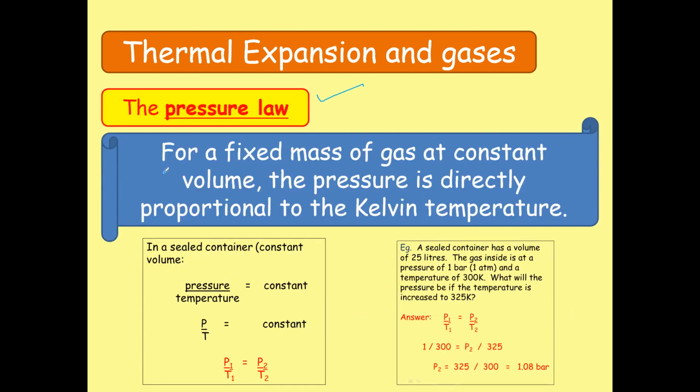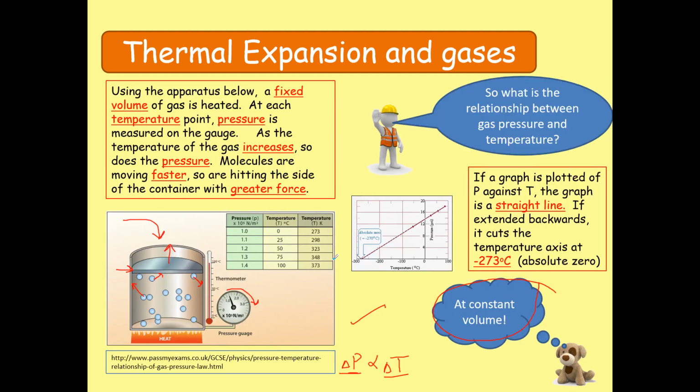So for a fixed mass of gas at constant volume, the pressure is directly proportional to the Kelvin temperature, right? And why Kelvin temperature? Because at 0 degrees Celsius we do have gases that have a certain pressure. That means pressure is not zero.